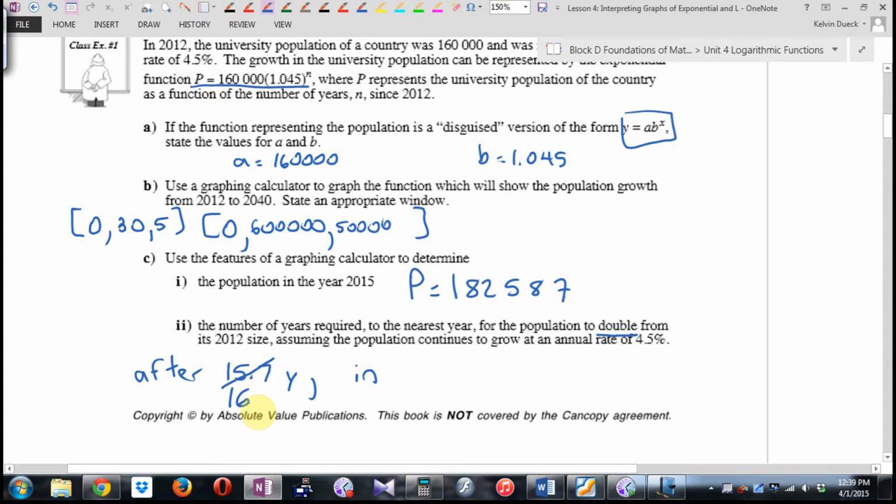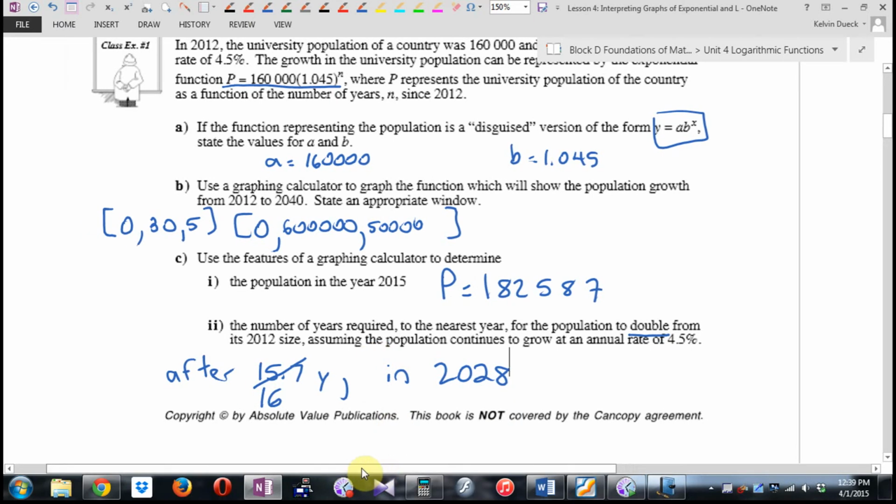If we're starting in 2012, what year are we now going to be in? 2028. Is that okay? Yeah? Let's try another one.